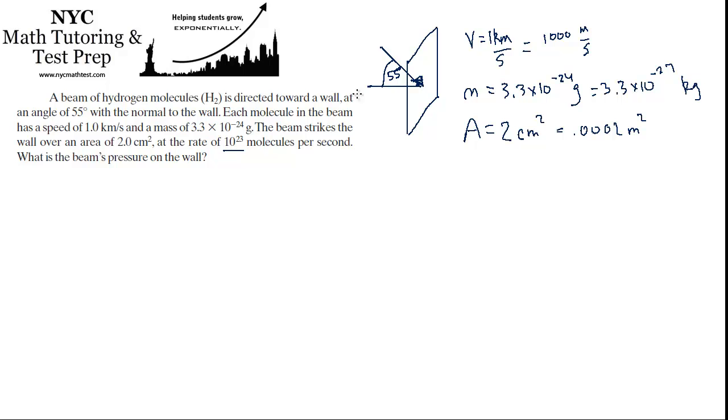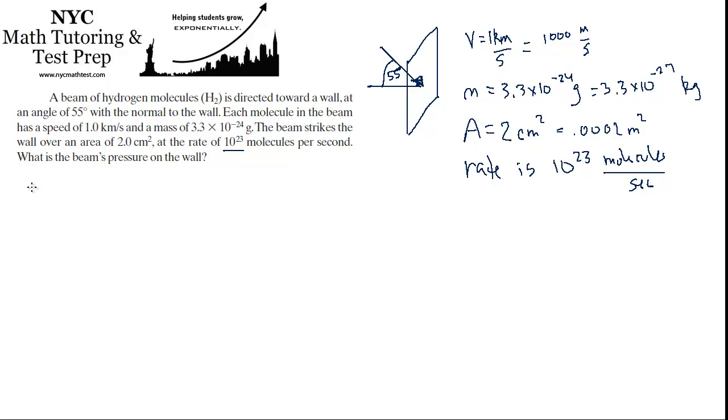The rate at which the molecules are hitting the wall is 10 to the 23rd molecules per second. I'm not quite sure what to call that, but I'm just going to call it the rate for now. The rate is 10 to the 23rd molecules per second. Alright, and they want to know the beam's pressure on the wall.